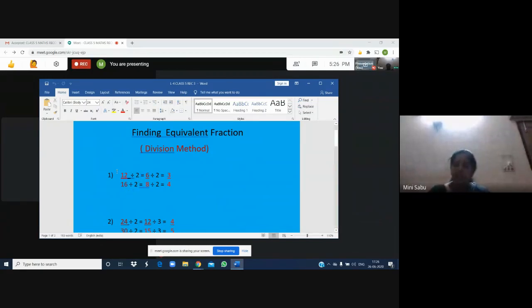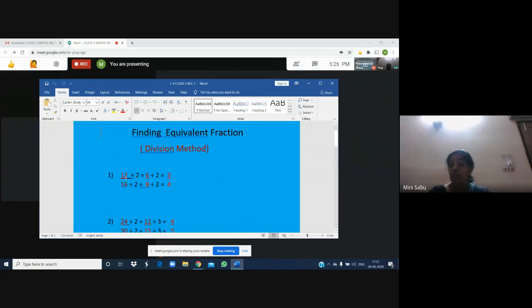And children, do you find any other option other than 2? Is there any table in which 12 and 16 both are coming? Think. Do you get any answer? See, think about the table of 4. 4 1s are 4, 4 2s are 8, 4 3s are 12.